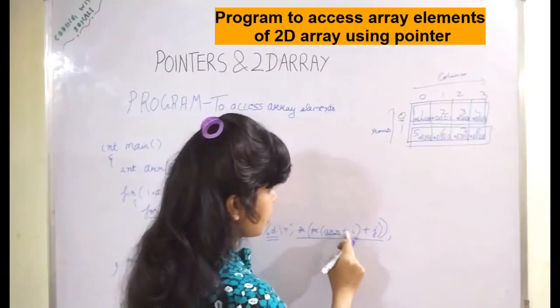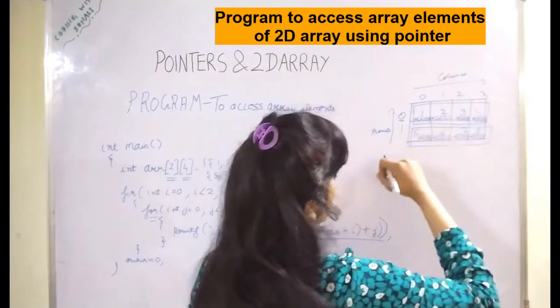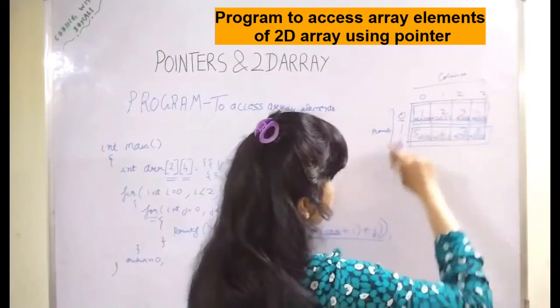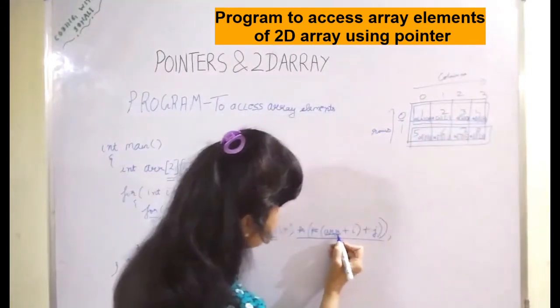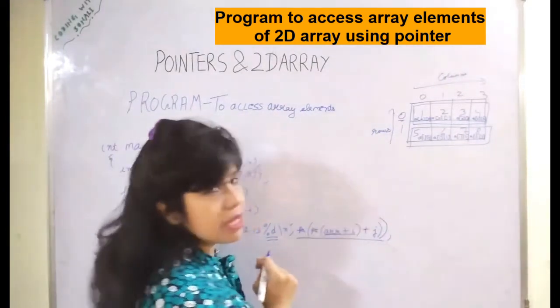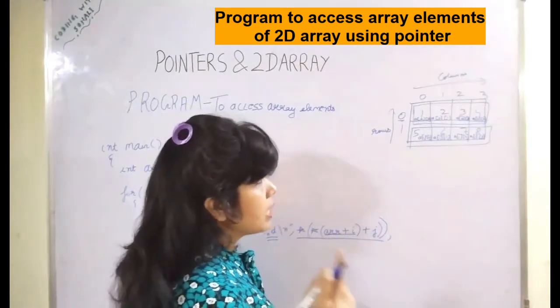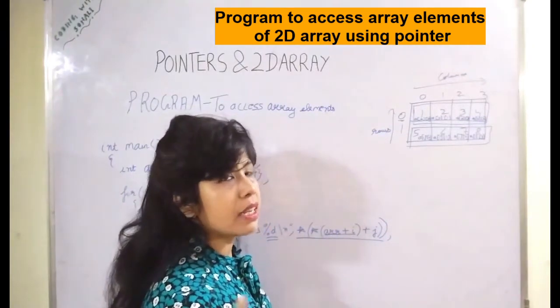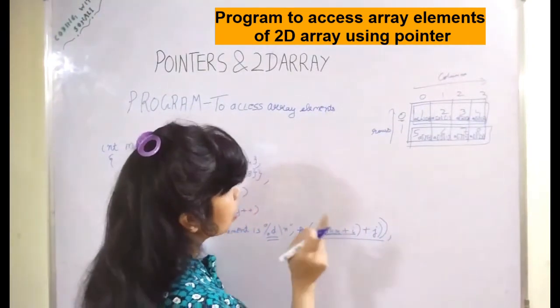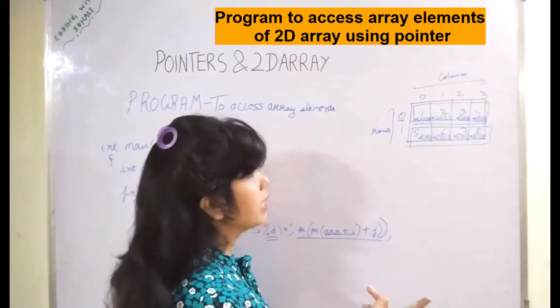And when you give plus, to make the generic formula, depending upon whether it is the 0th 1D array or the first 1D array, we have used this formula, that is ARR plus i. This ARR plus i will give you the address of the ith 1D array, and the base type will be the pointer to the 1D array.